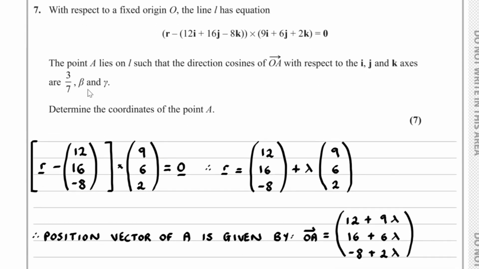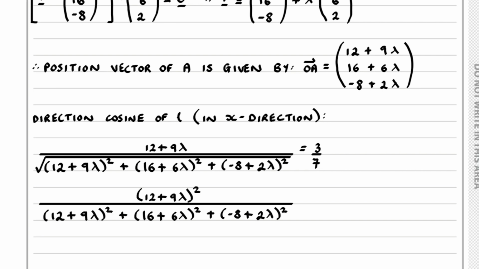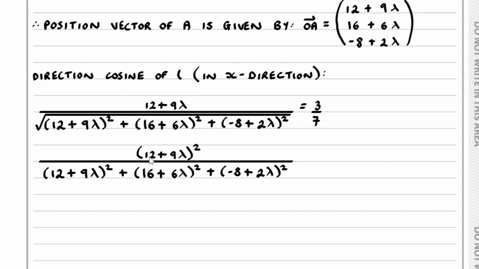This is just with respect to the i-axis, in other words, the x direction. And if we square both sides, we end up with (12 plus 9 lambda) all squared over ((12 plus 9 lambda) squared plus (16 plus 6 lambda) squared plus (minus 8 plus 2 lambda) squared) equaling 9/49.